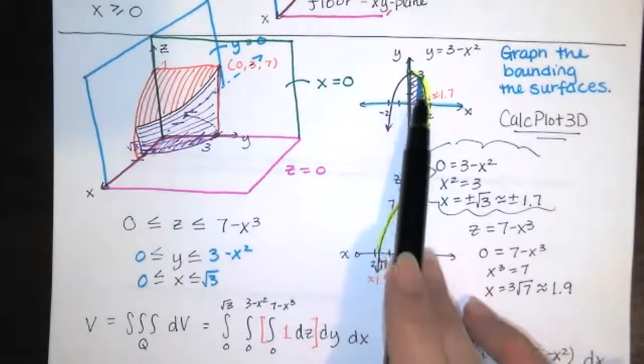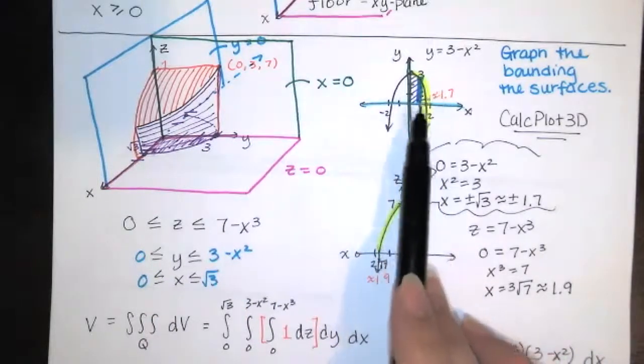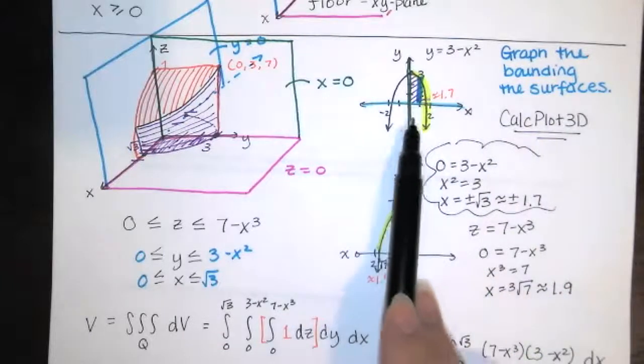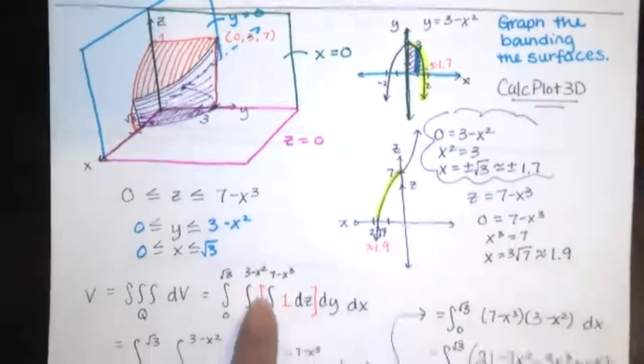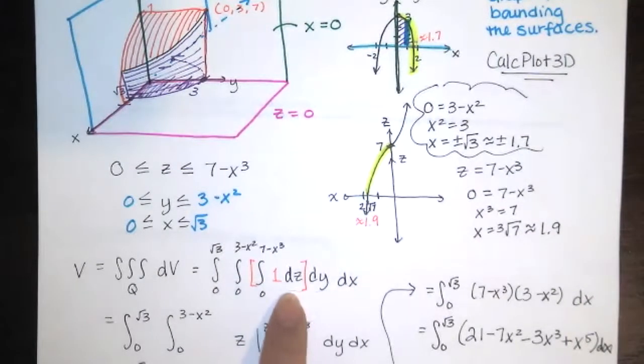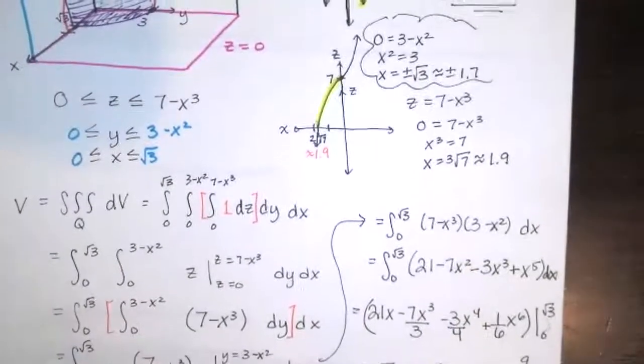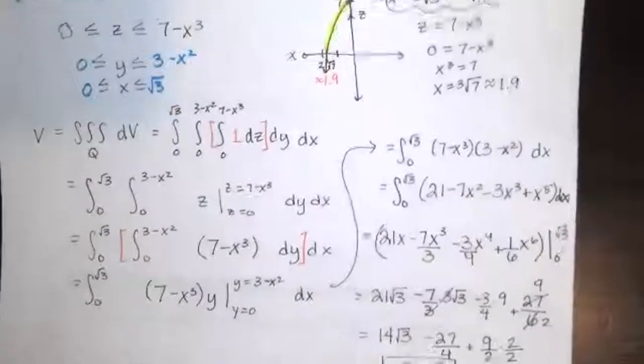And then you can describe this in terms of X and then Y, or Y and then X. Just one variable has to go from a function to a function. The other one goes from a constant to a constant. And make sure the appropriate bounds go with the appropriate variable, the innermost variable, the middle variable, or the outermost variable. And then you just integrate. Pretty simple. Start on the inside and work your way out. That's it.